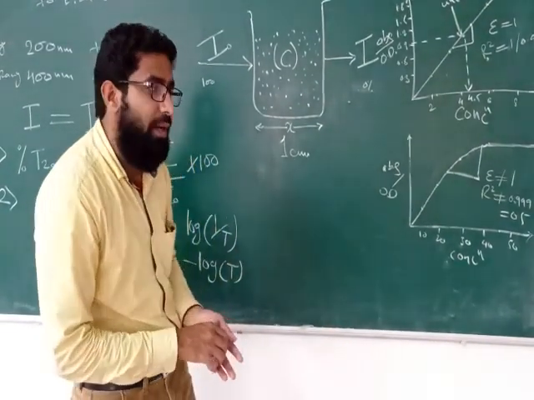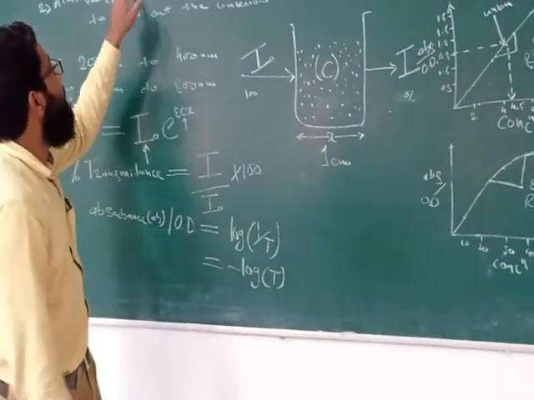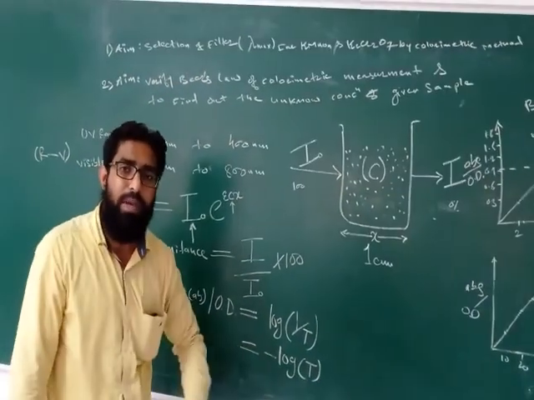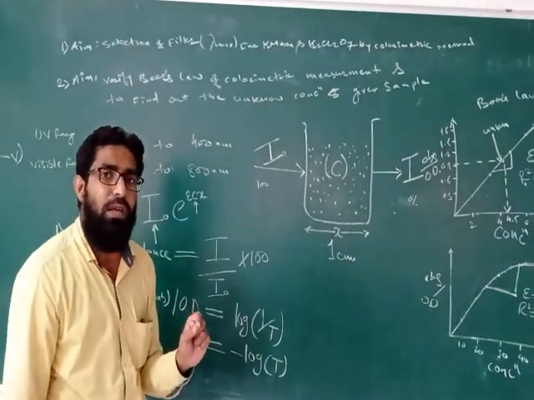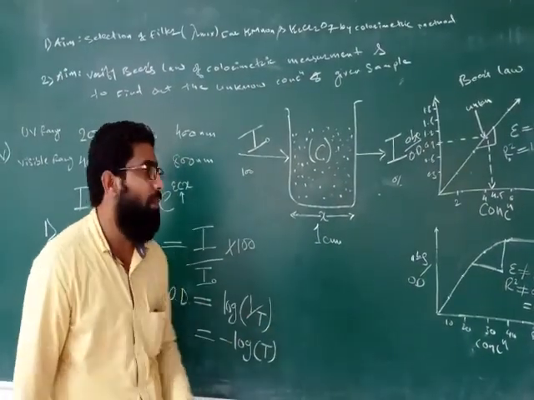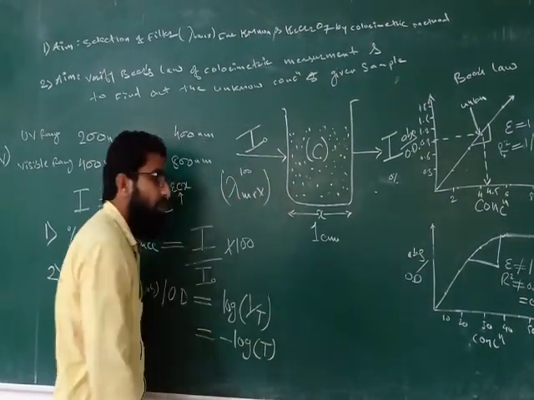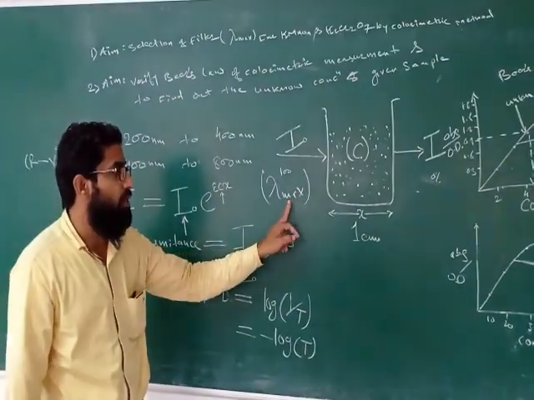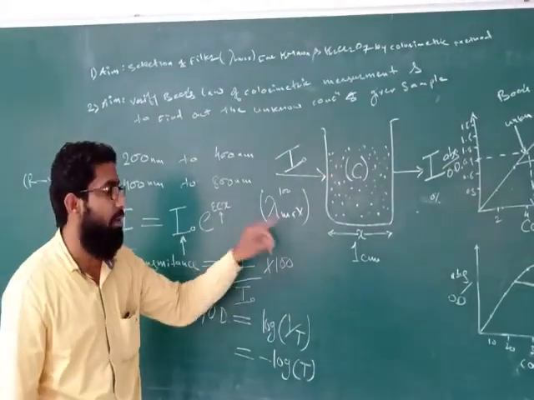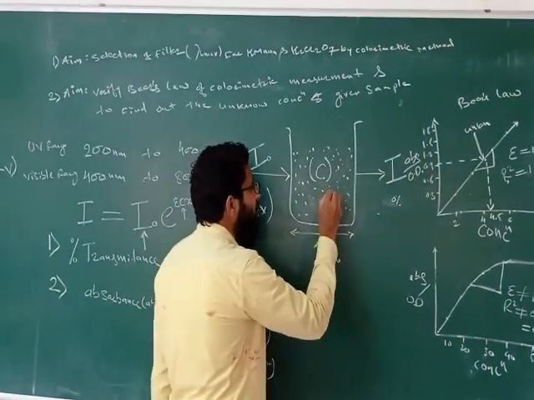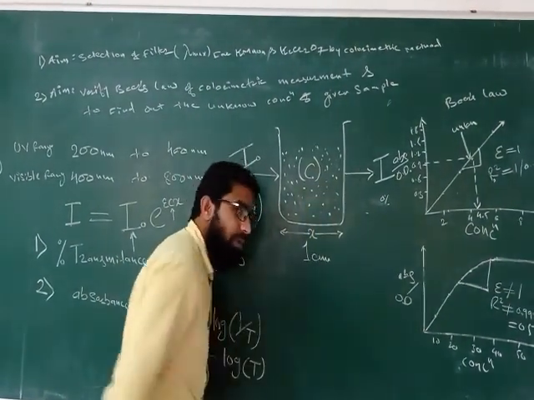And we are going to identify here the selection of filter, means lambda max, which is the intensity of incident light. We are going to identify the intensity of incident light, means lambda max. And the second one is the concentration of the unknown solution.